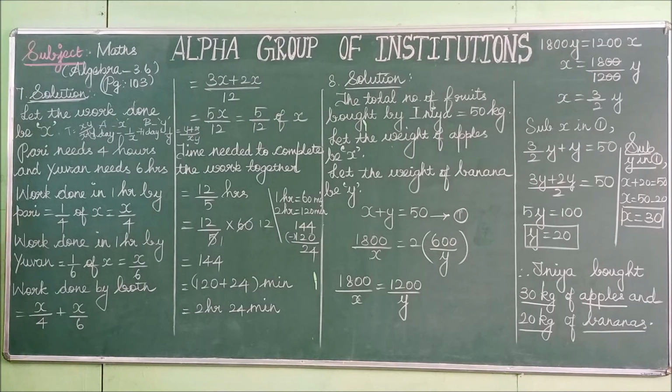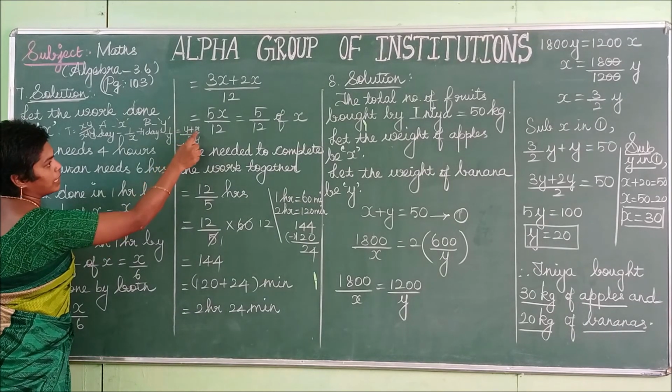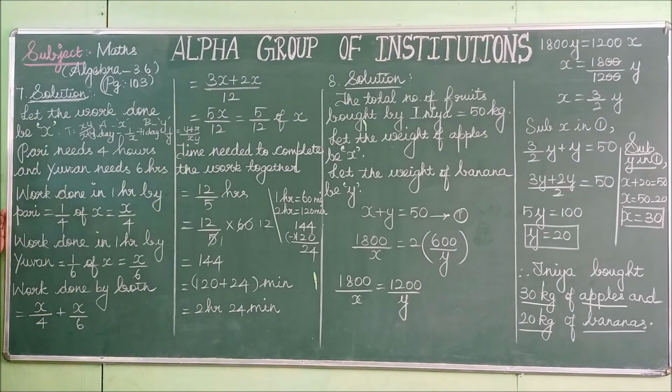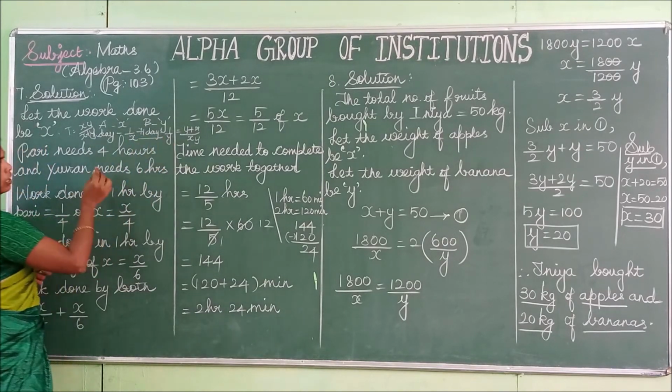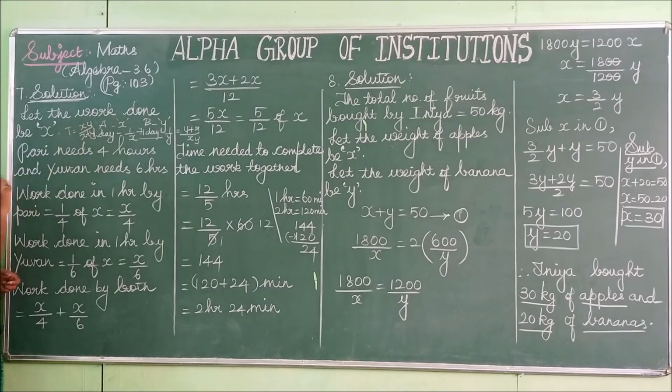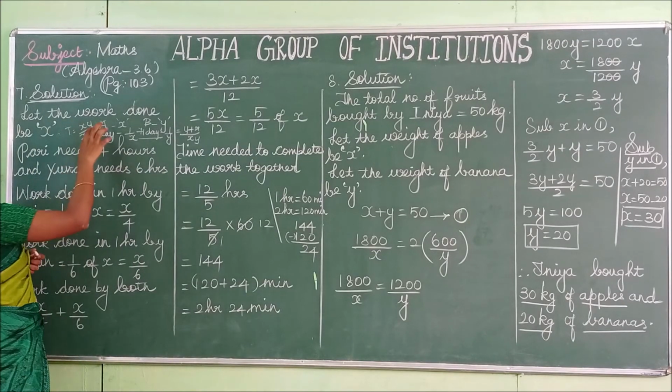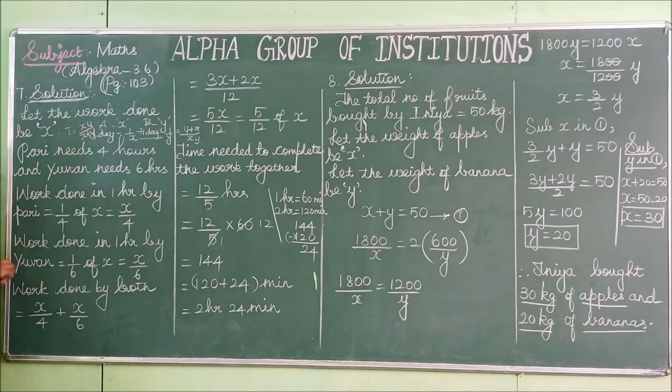Total work done by both in 1 day means 1 by x plus 1 by y, which is expressed in the form of (y plus x) divided by xy, otherwise written as (x plus y) divided by xy. So for the total time required to do the work, you have to take the reciprocal of the total work. Numerator comes as denominator, denominator goes to numerator: xy divided by (x plus y).